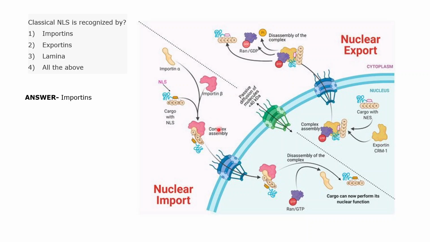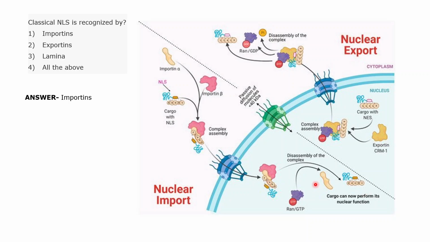Once this particular cargo complex, that is importin alpha, importin beta, as well as the protein, is recognized by the nuclear pore complex, it enters into the nucleus. Afterwards, when it enters into the nucleus, another protein called RAN GTP disassembles this complex, leaving the protein, which was earlier found in the cytoplasm, free in the nucleus from the importin complexes.